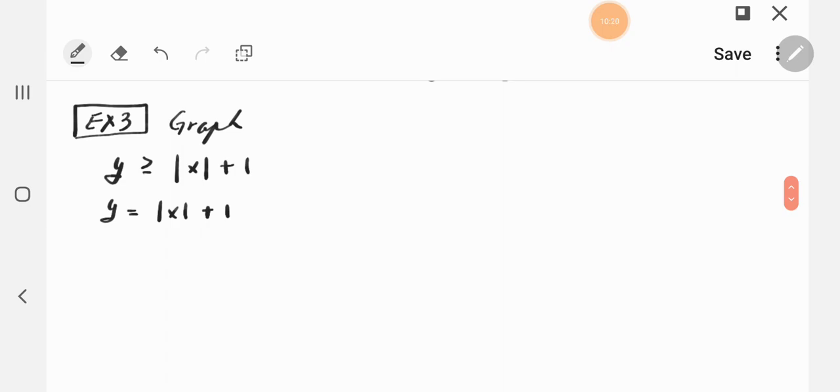And as we know there's an equal sign, so the graph will be a solid line. And then let's use translation. So okay, absolute value of x is this one.